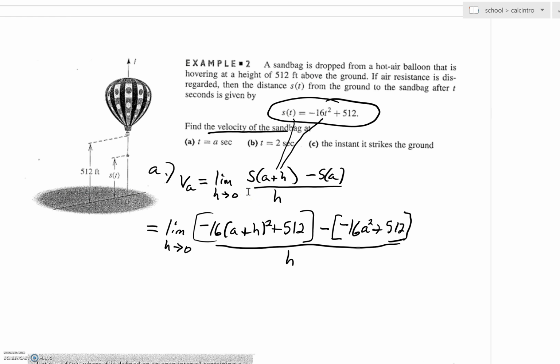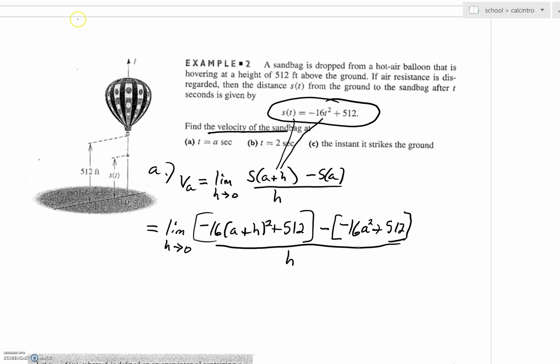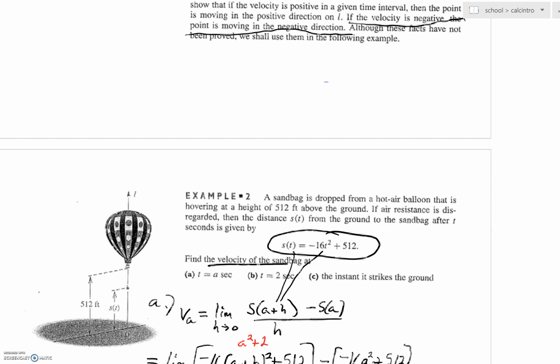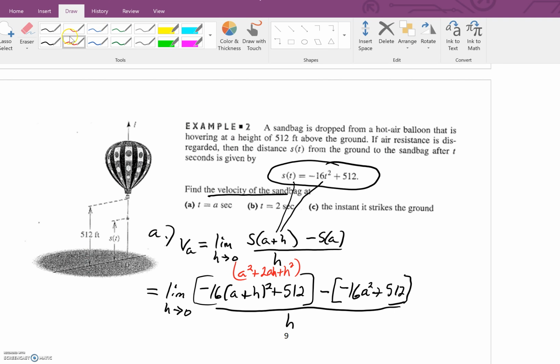First off, I just want to quickly point out to you, to save a little bit of space, that a plus h squared would be a squared plus 2ah plus h squared. So that's really what negative 16 would get distributed to.